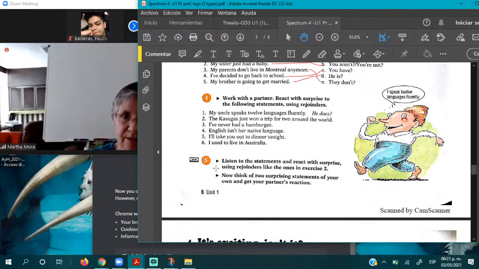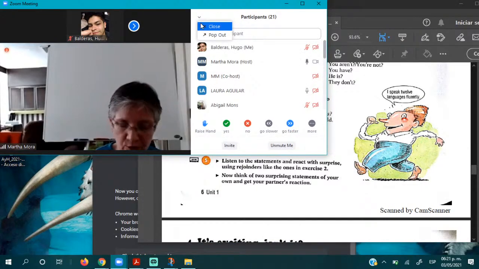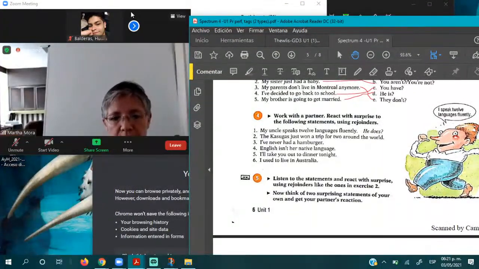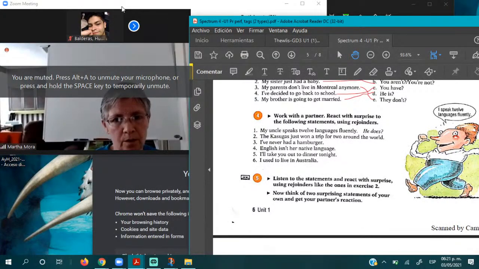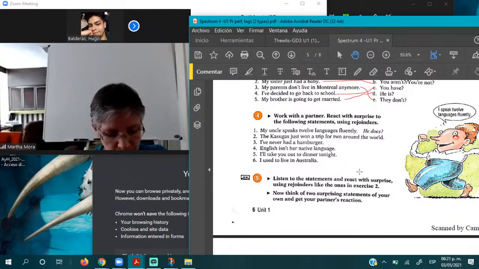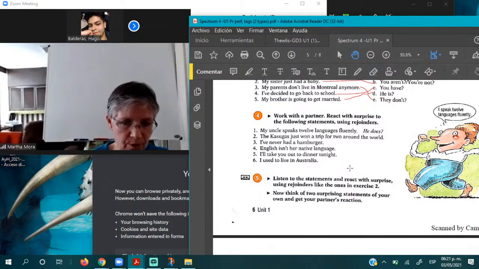If the sentence is negative, you react negatively. If the sentence is affirmative, you react affirmatively. Okay? So you have 6 sentences, you have the example, and then the rest. It's mini dialogues. So go ahead. You have a couple of minutes. Go ahead. Okay, Hugo, you stay here. All right, so I surprise you, but hold on a second because I need everybody to find their part.